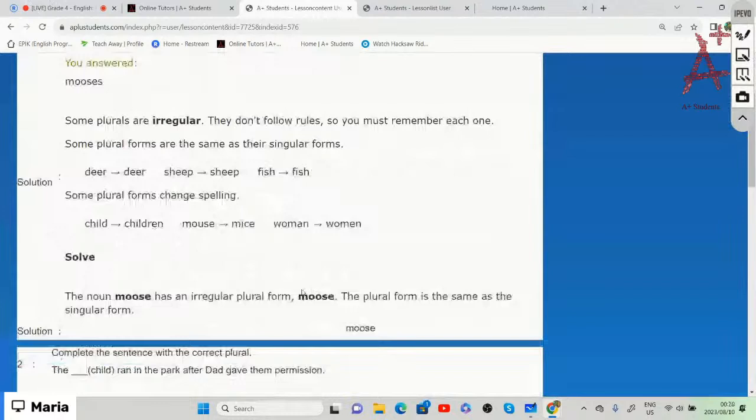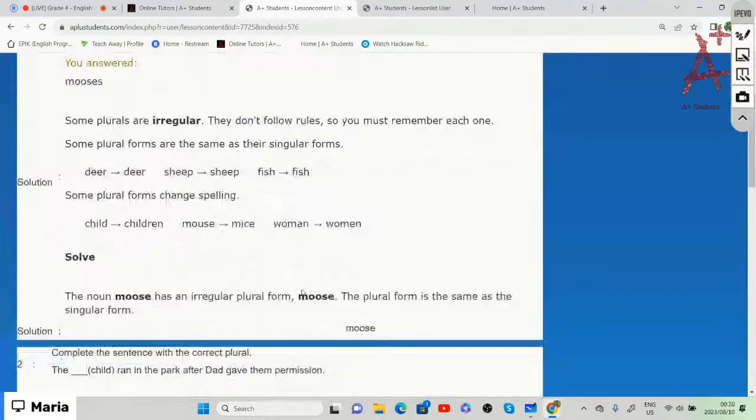Some nouns change, but we have some plurals that basically stay the same as the singular form. For example, we have one deer and many deer. You don't say deers, right? So deer is plural as well as singular.